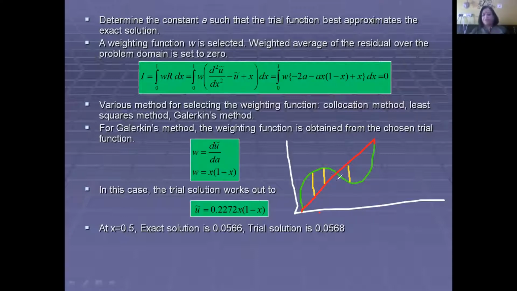So you hit upon this idea that instead of trying to make this go to 0 at every point, you would just like the average area, the net area, to go to 0, so that the average error is reduced. So you might have a big difference at this point, but maybe an acceptable solution will be something like this.